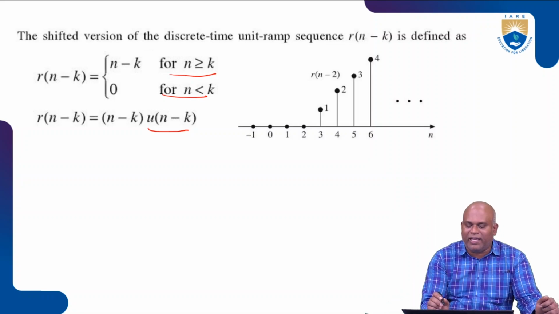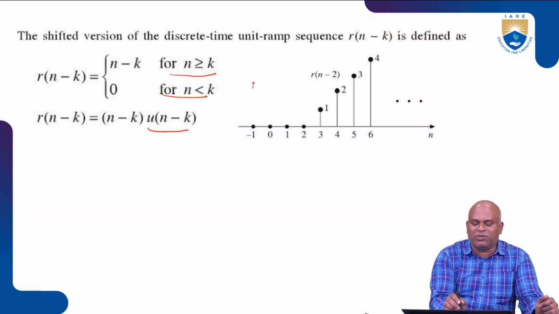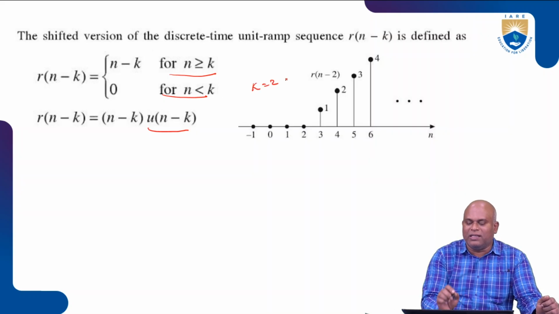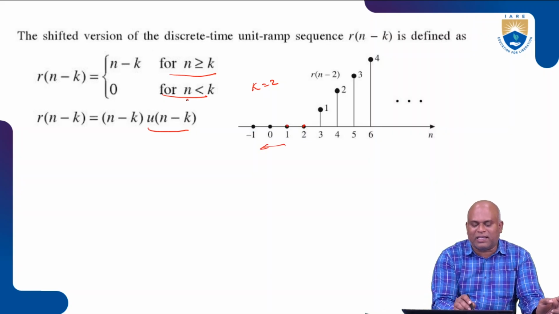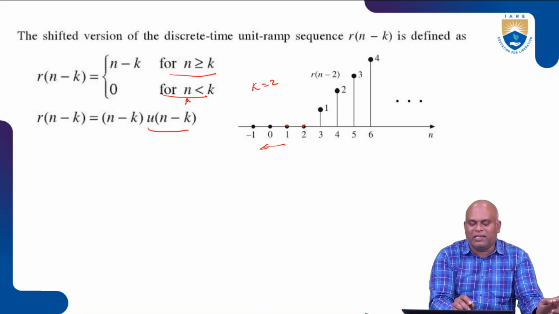Now I take k equal to 2, where k is a positive integer. Up to k equal to 2 it is represented as 0, and all the negative values satisfy this condition and are represented as 0.